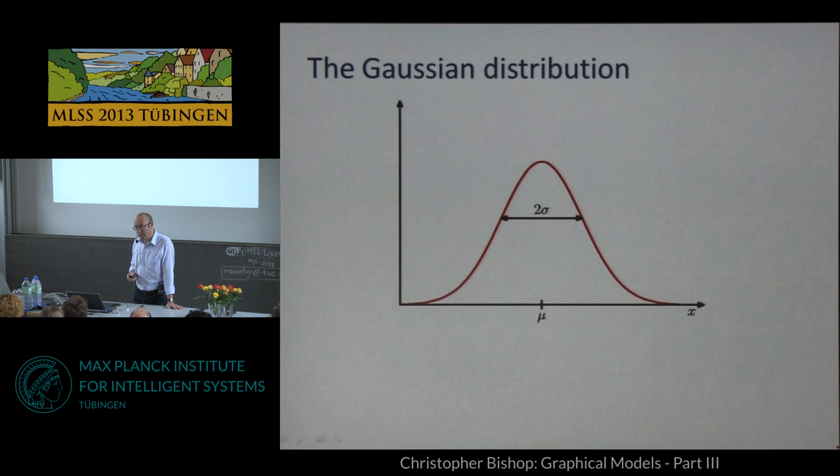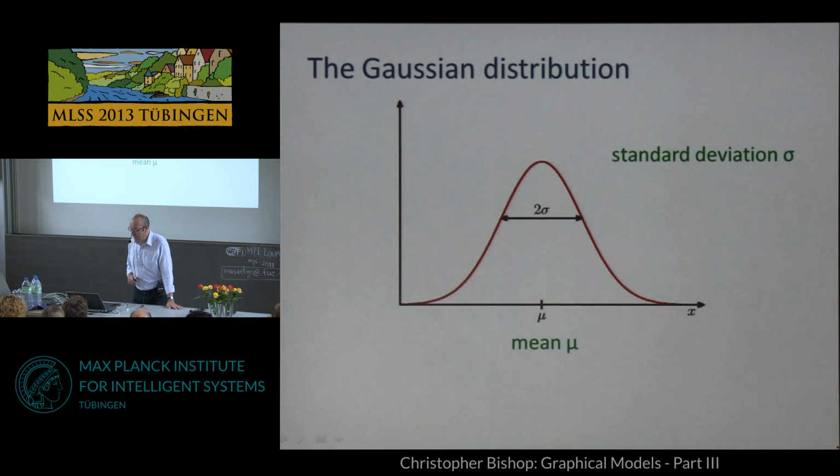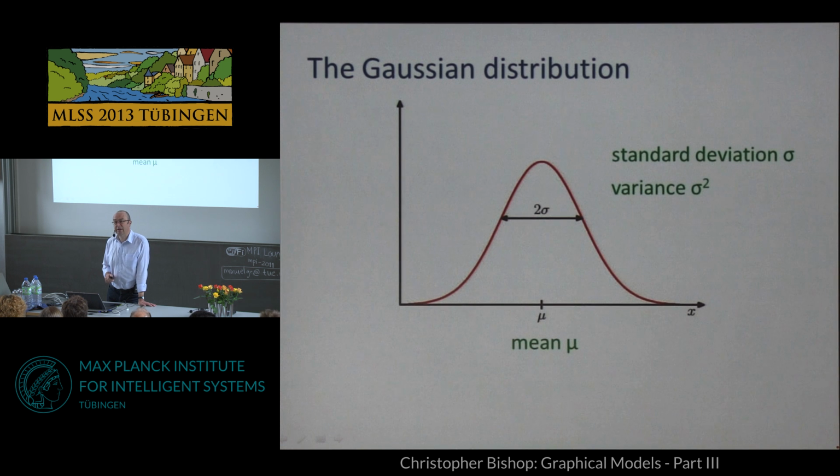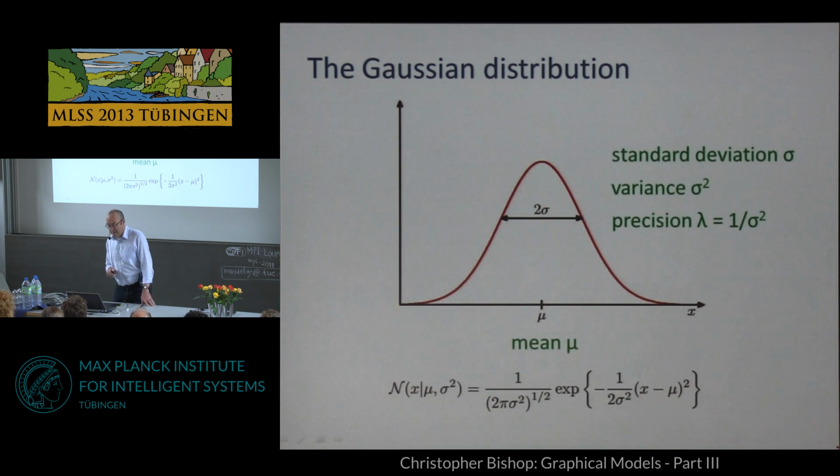It's governed by two parameters, mu, which we call the mean, and sigma, which we call the standard deviation. And sometimes instead of using sigma, we use sigma squared, the square of the standard deviation, that's called the variance. And sometimes it's useful to work with the reciprocal of the variance, we call that the precision. And that's the well-known mathematical formula for the univariate Gaussian distribution.